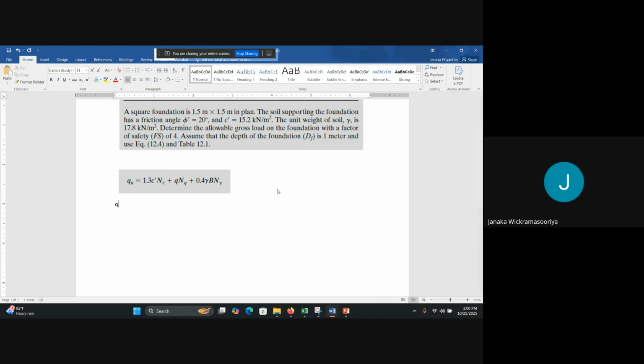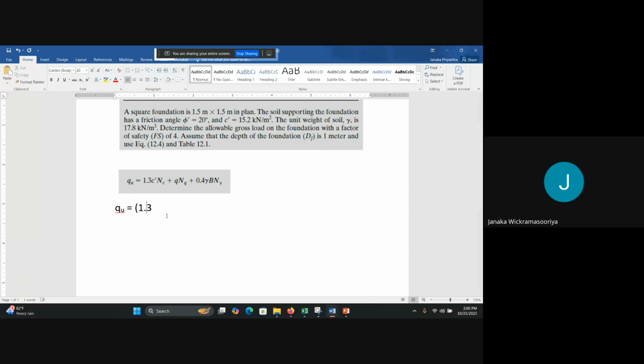then QU equals 1.3 multiplied by C dash. Yeah, increase the font size so that it will be clear to you.